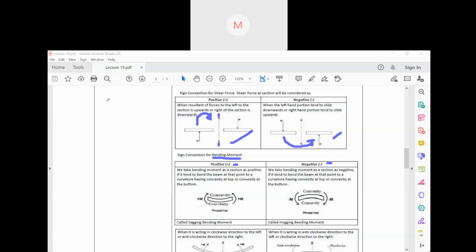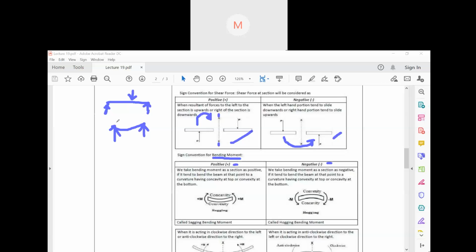Suppose this is a beam, here a certain load is applied, and these are the supports. Now if the load is applied from this side, what will happen? It will be like this. This is known as sagging, or it will sag down.